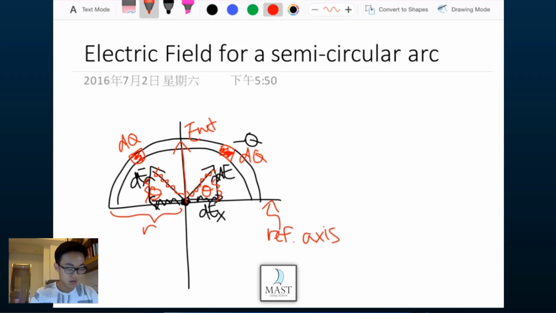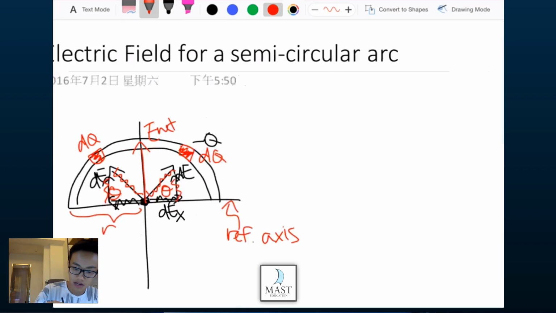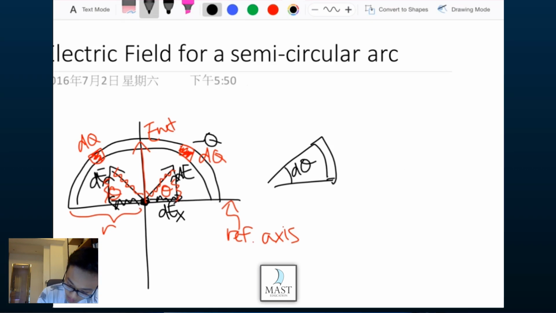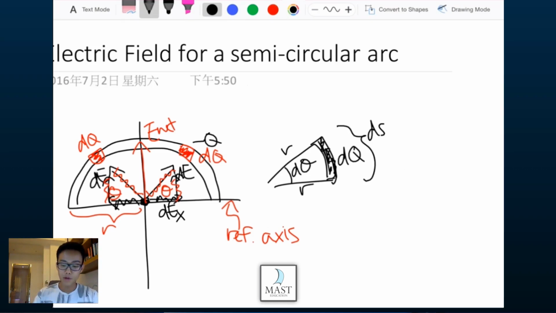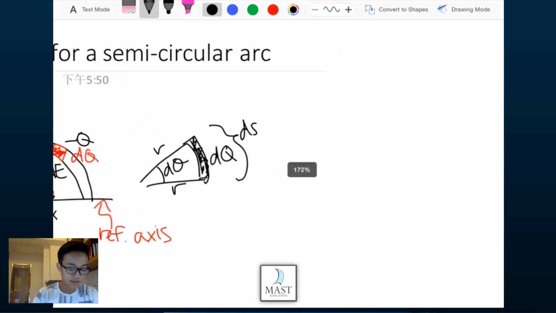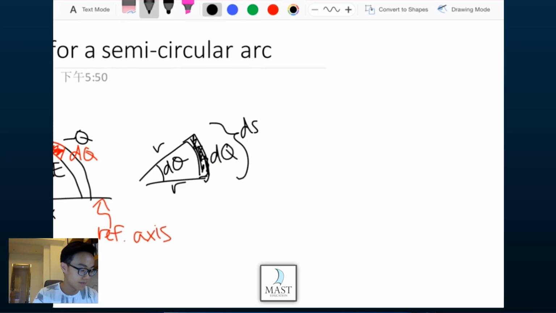Okay, so now let's take a look at a more magnified view as to what we are looking at. And so it would be like a small piece of pizza, and what's in here is d theta. This is r, and this chunk right here is dq. And the whole thing is ds. So before we actually begin our derivation, we need to find out what we know first, and we'll work from those equations.